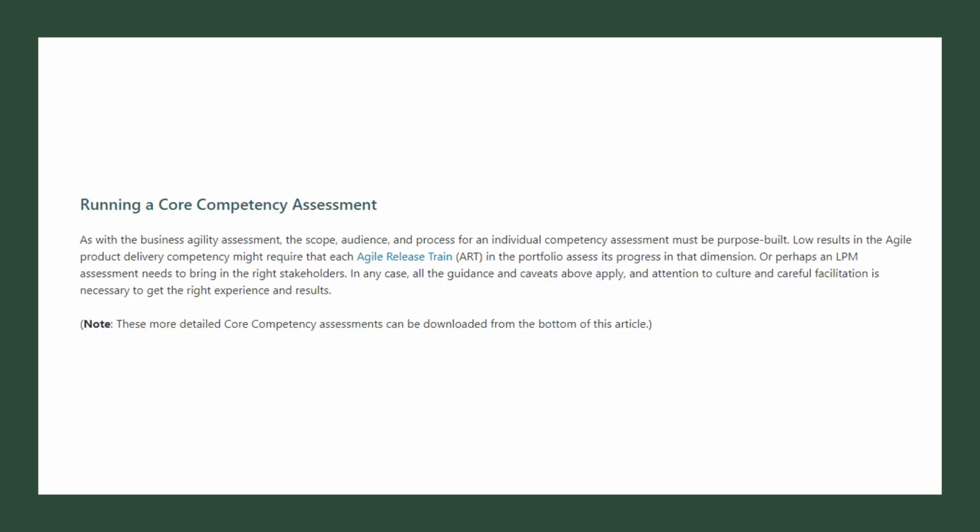Running a core competency assessment. As with the business agility assessment, the scope, audience, and process for an individual competency assessment must be purpose built.